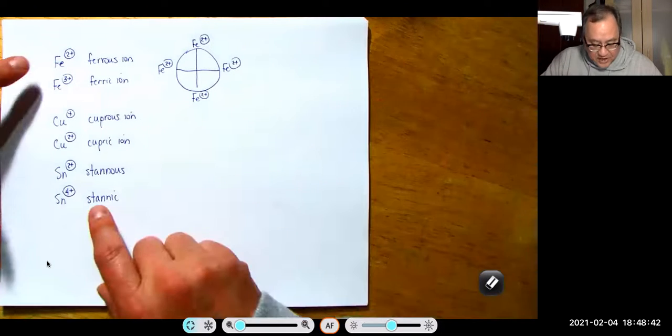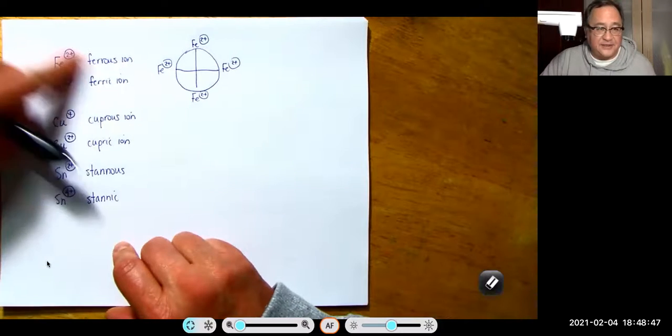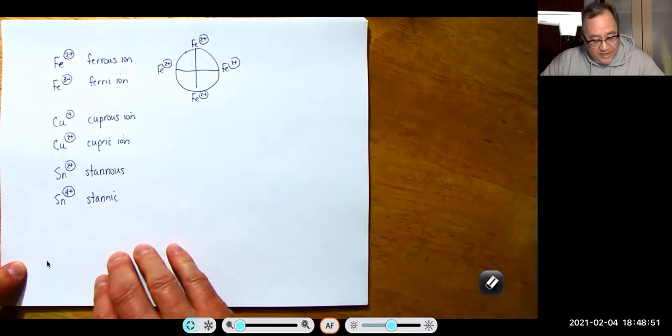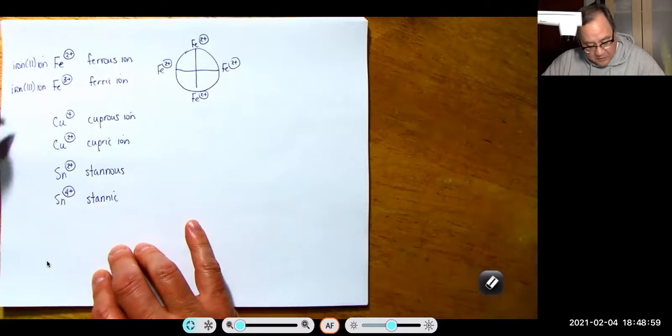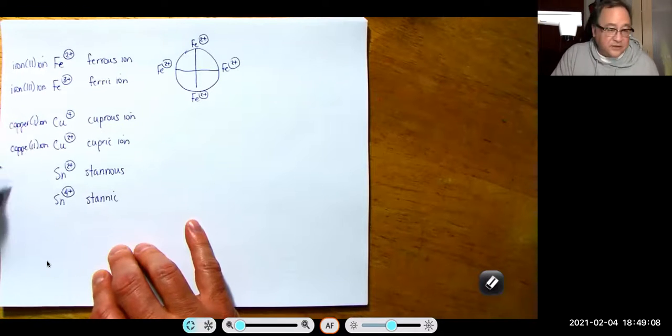Can you imagine how tough it is to learn how to name all of these the old-fashioned way? So instead, we now have iron(II) ion, iron(III) ion, copper(I) ion, copper(II) ion, tin.